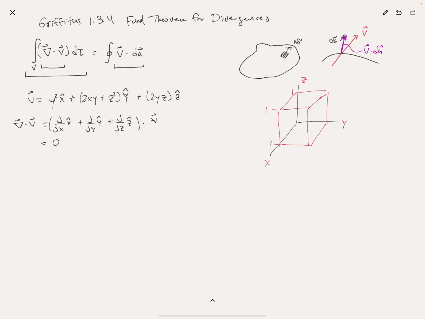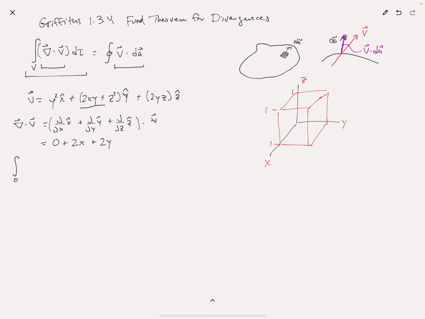The partial with respect to y in the y hat direction will be plus 2x, and the partial with respect to z of the z hat component is plus 2y. That's our divergence, and then we need to integrate this over the volume.